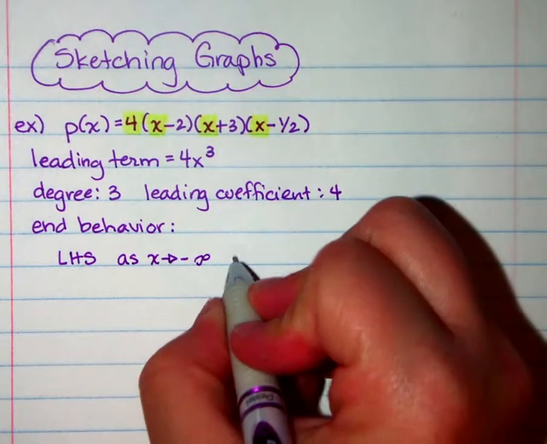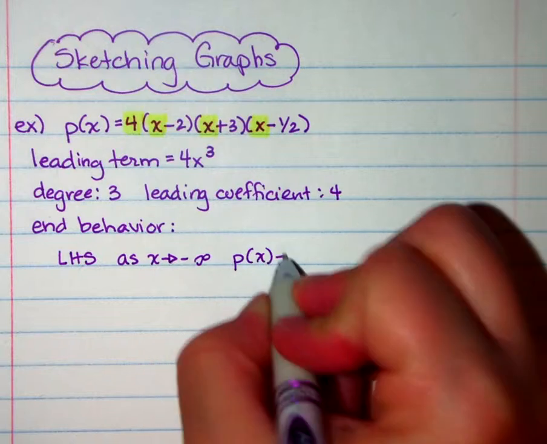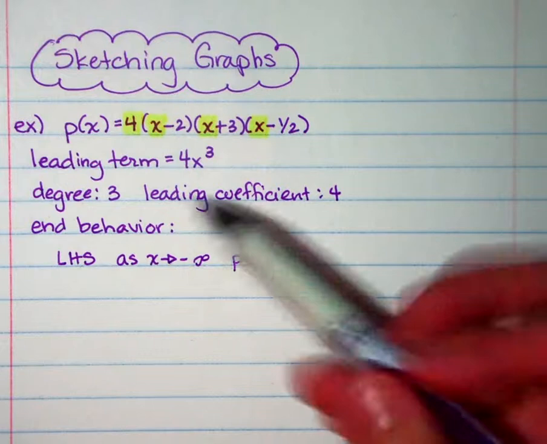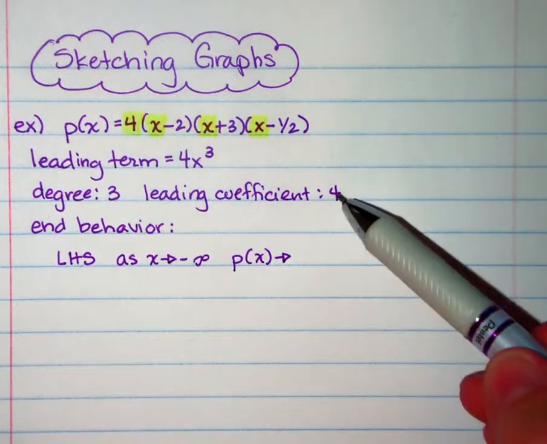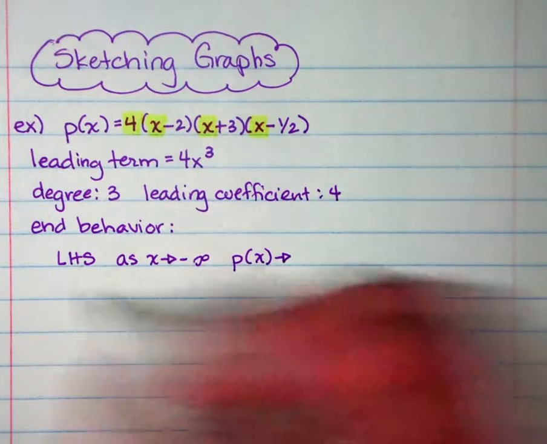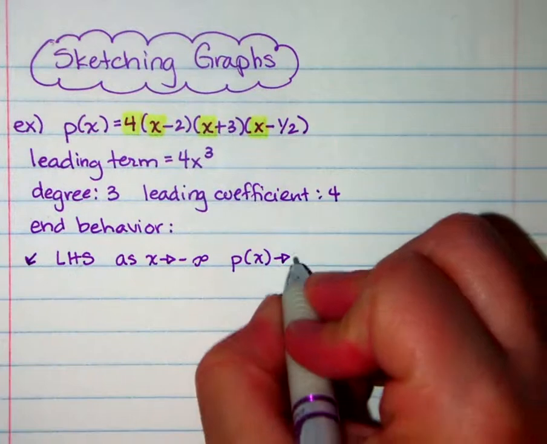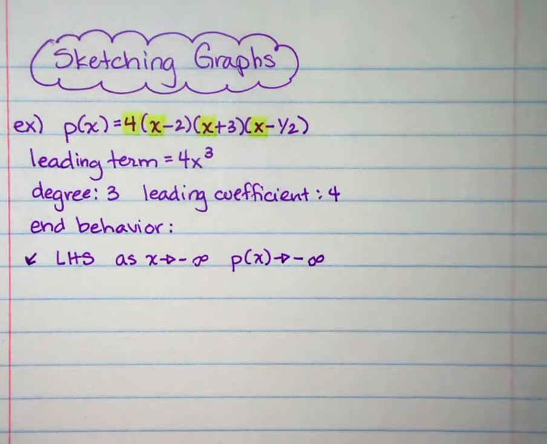So as x approaches negative infinity, what is happening to the y values? Well, because I have a third degree with a leading coefficient of 4, on the left-hand side I have arrows that are moving downward. And if the arrow is moving downward, that means the y values are going to get more and more negative, and we say that is approaching negative infinity.